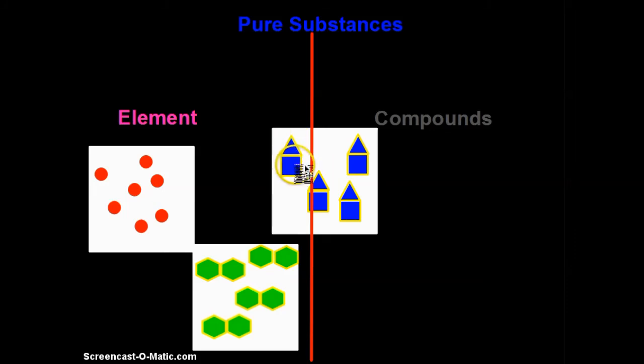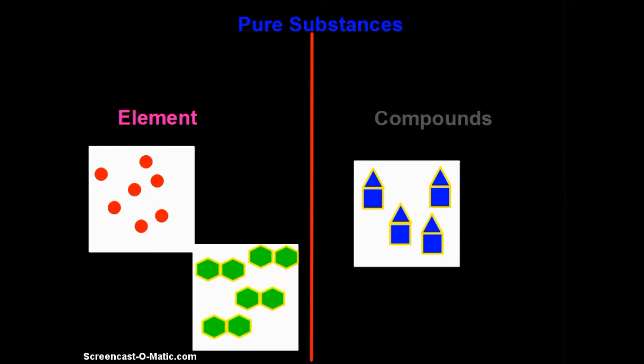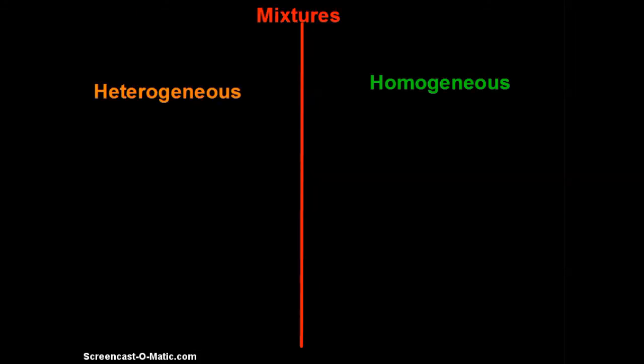If we have two different types of atoms and they make a bond, that's a molecule, and all these are the same type of molecules. So this is a compound. Hopefully you can see the difference between an element and a compound just based off the type of particles that you have. This is just one type of atom, and these are all the same molecules.